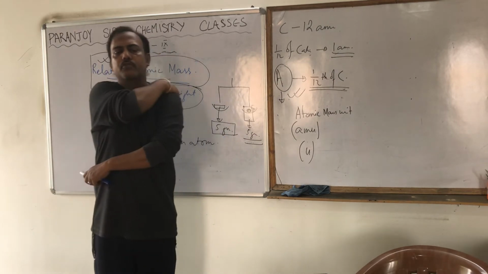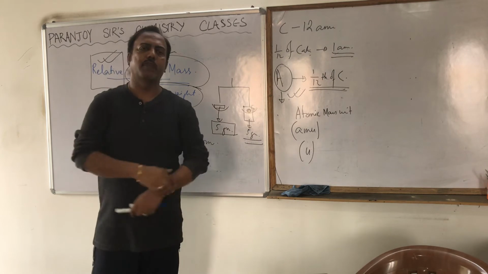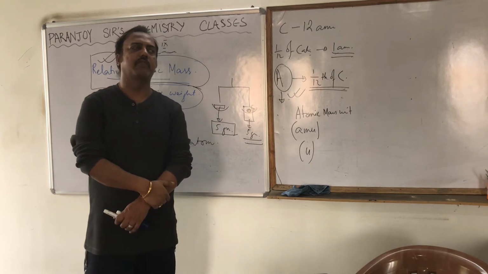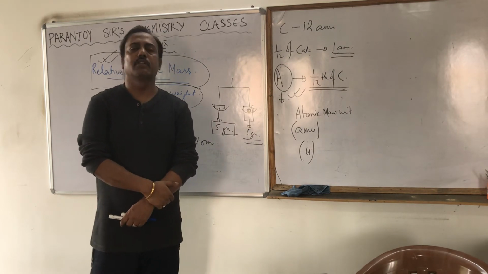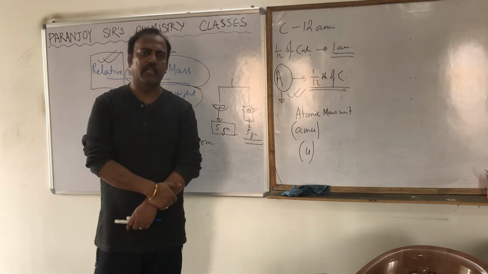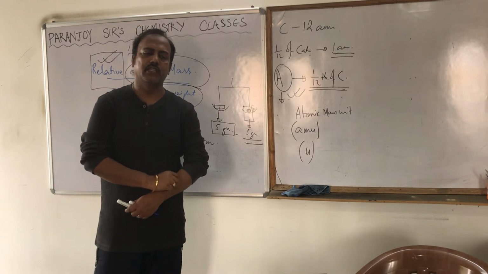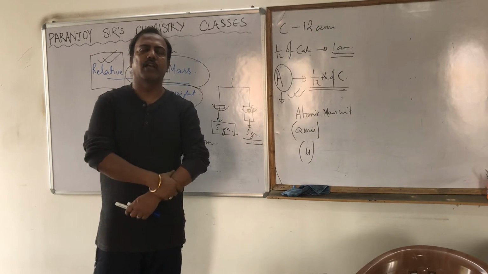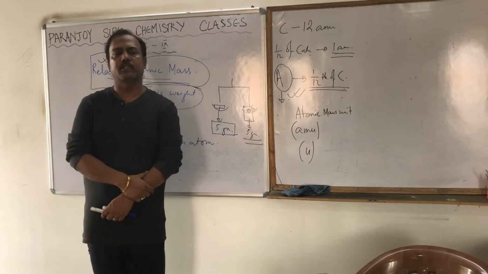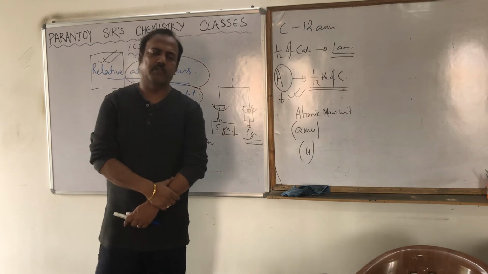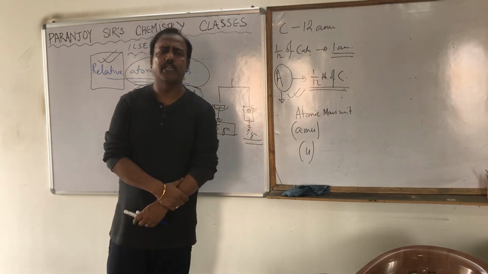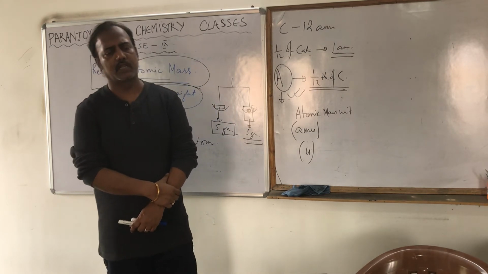Now why do we use the term relative? Because we are measuring it with respect to certain standard values, and that standard was initially taken as hydrogen. By considering hydrogen's mass as 1 u, we calculated the mass of the other atoms, but not many atoms could be measured by considering hydrogen.